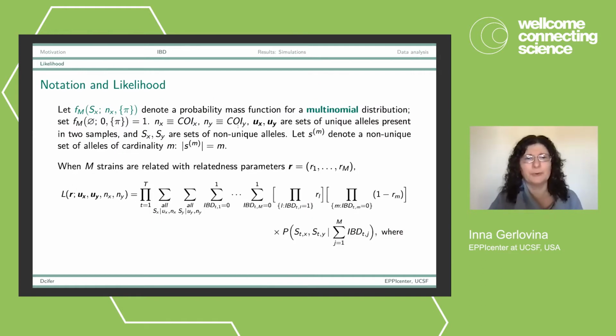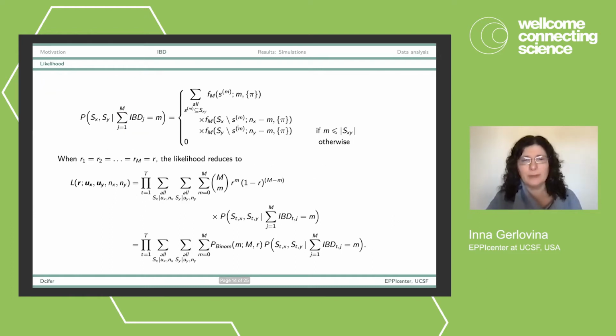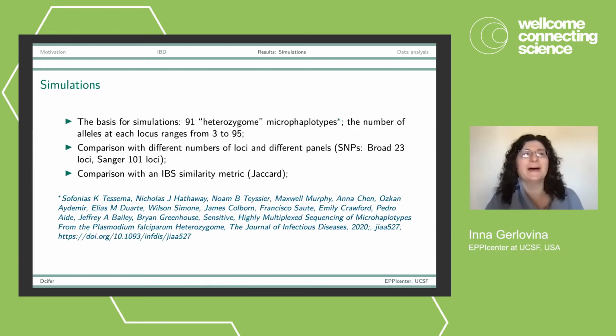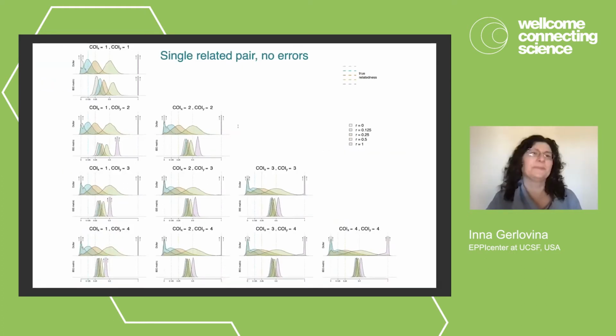I'm not going to go over the likelihood in this talk, but it's here, so if anybody wants to look at it more closely, I will be very happy to answer any questions. The one thing that I want to point out is that what would be handled by phasing, in the likelihood we approach with combinatorics.